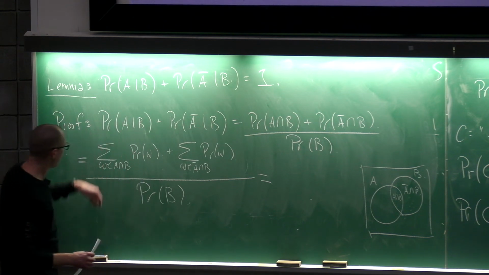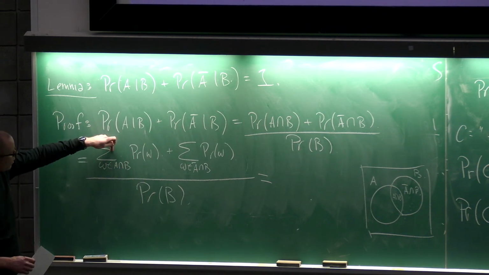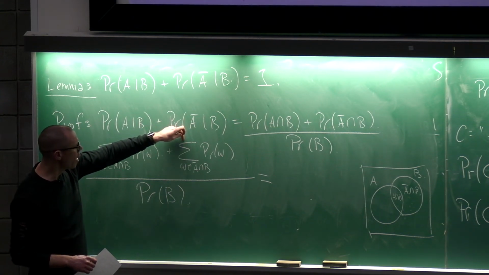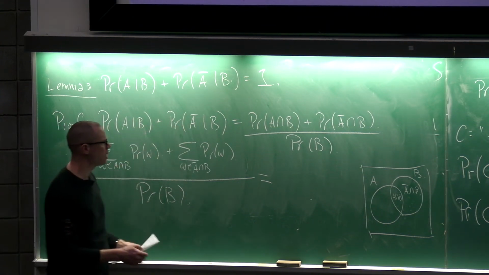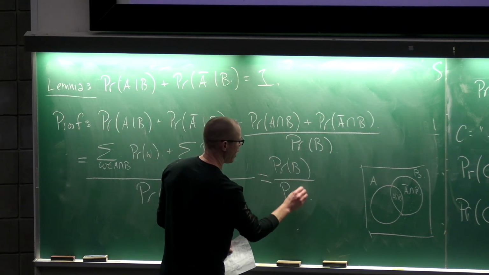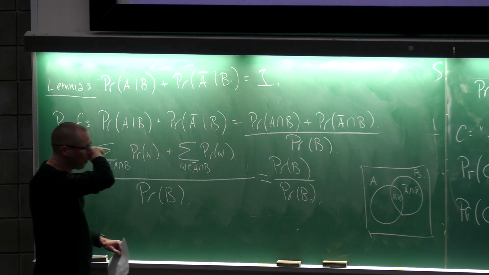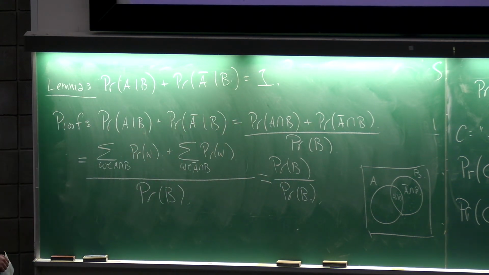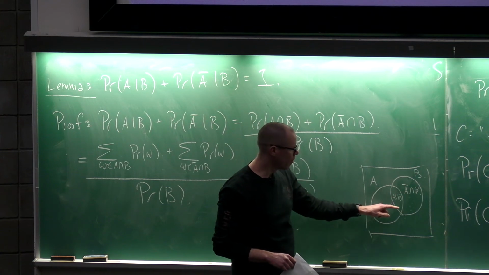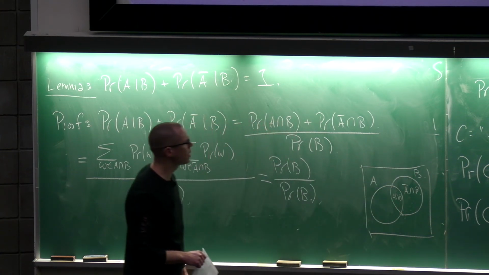So here's me adding up all of the stuff in the intersection of A and B. Here's me adding up all of the stuff in the intersection of not A and B. So that whole thing has to add up to the probability of B. But then we're dividing by probability of B. So the proof is just apply the definitions and then notice that the stuff in here plus the stuff in here is a partition of B into two disjoint sets.